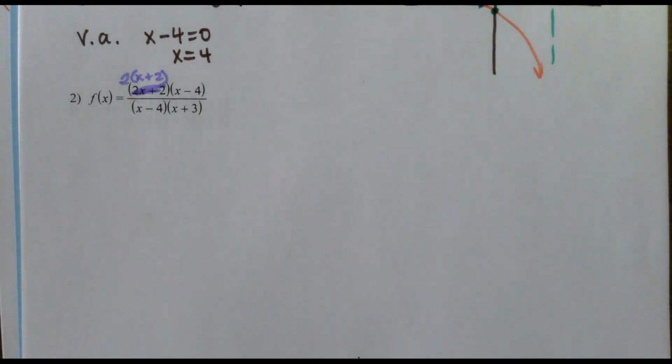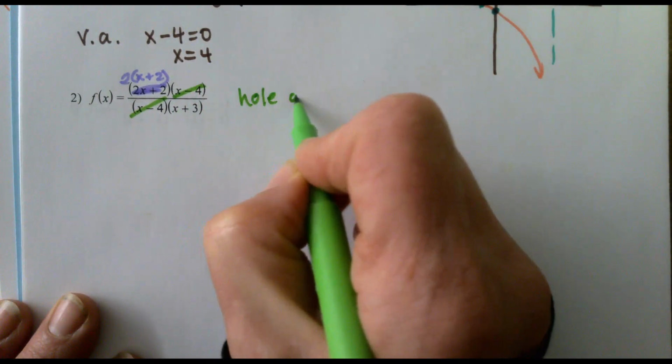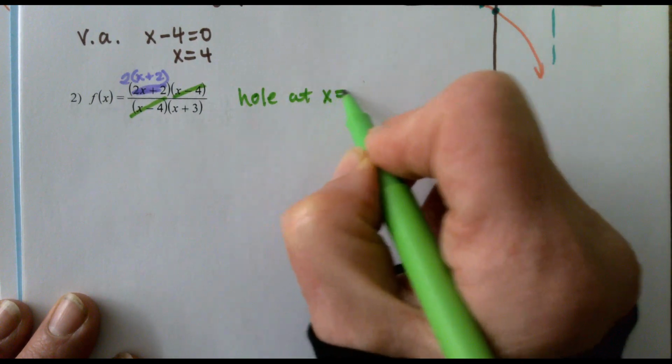So then, next, I'm going to check to see if there are any holes. Are there any identical quantities? Yeah, the x minus 4. So I'm going to cross those off, and I'm going to make a little note to myself. There is a hole at x equals 4.